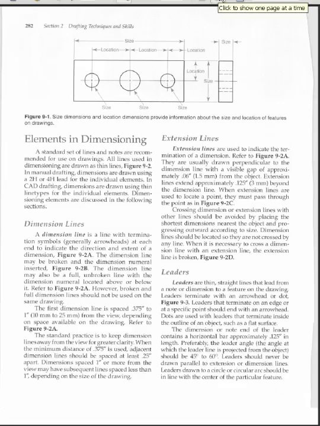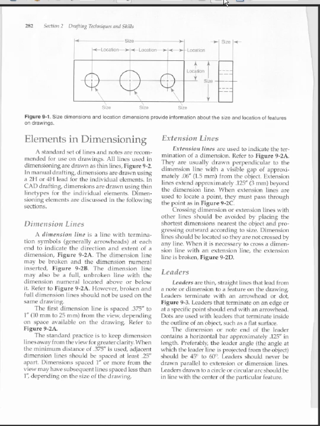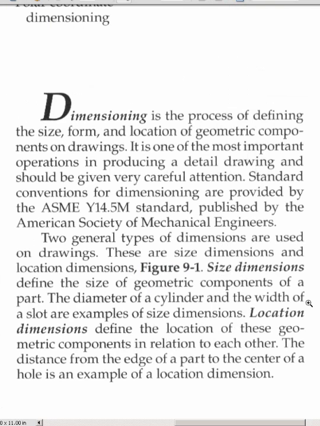Then it breaks down into specific identifications of dimensional components. For example, the dimension line itself. What is a dimension line? Well, it turns out that there are standards associated with this. We'll go up a page, and it points out the American Society of Mechanical Engineers, ASME.